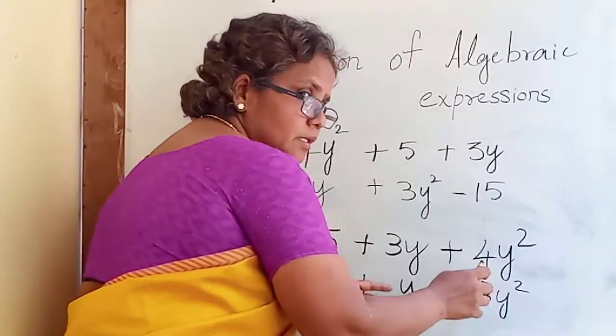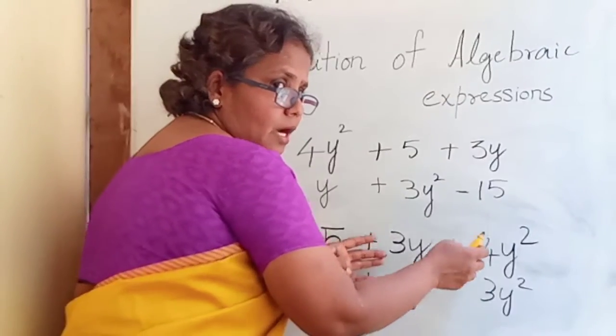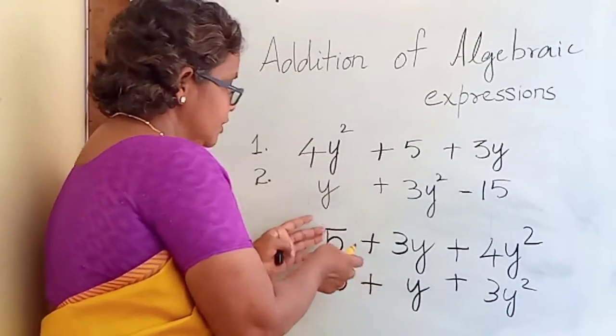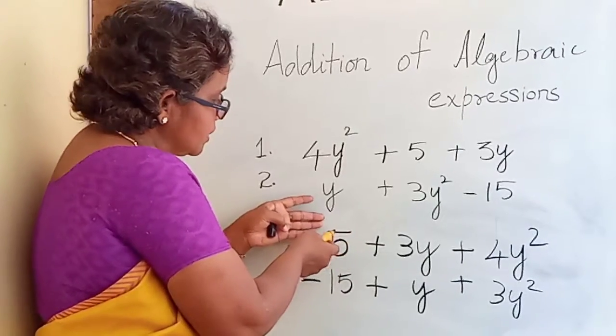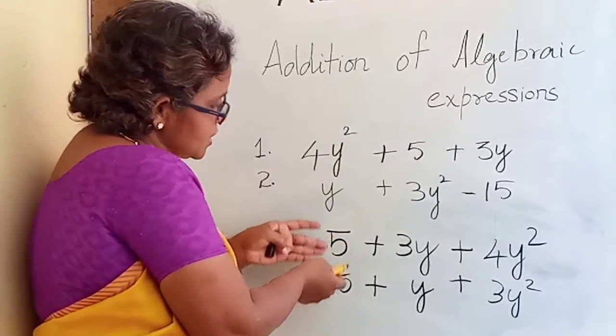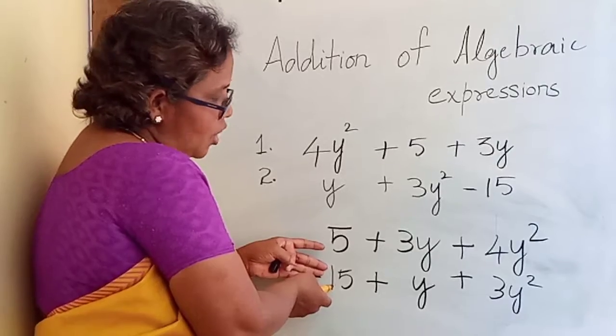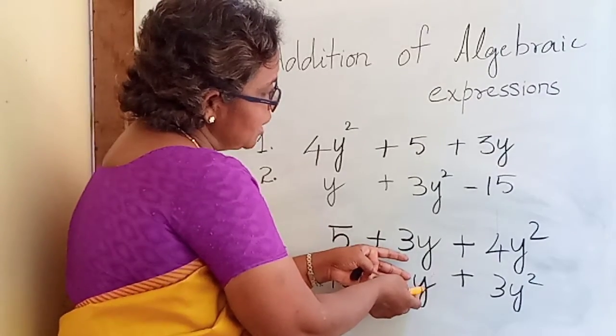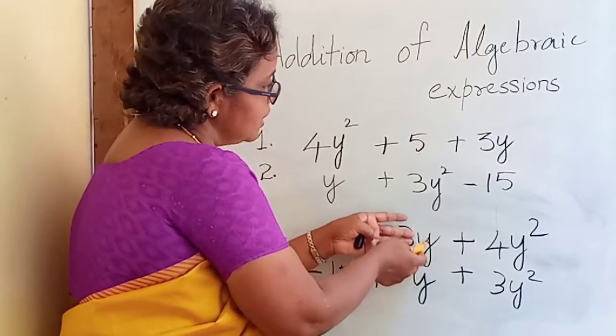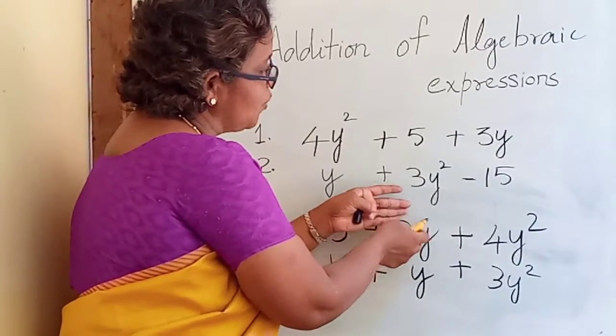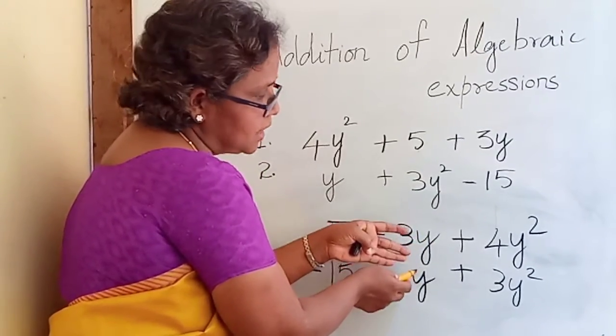Now look at the final representation. The final representation shows that a constant is written under a constant. A variable with degree 1 is written under variable with degree 1. So, these two terms are like terms.